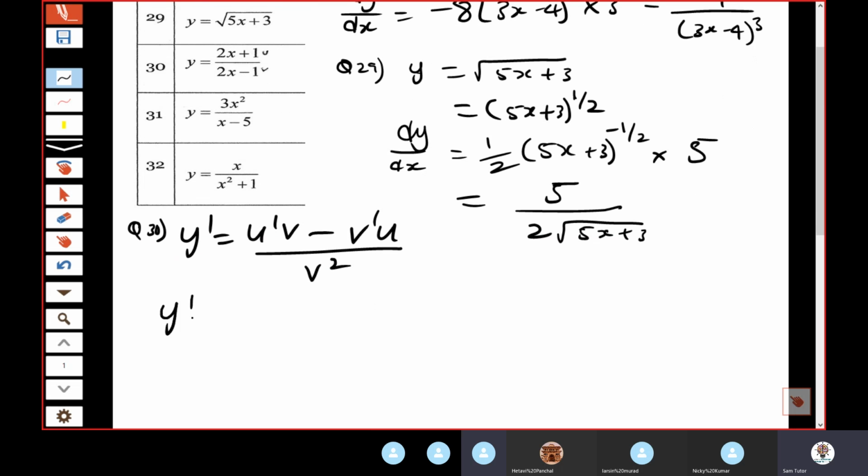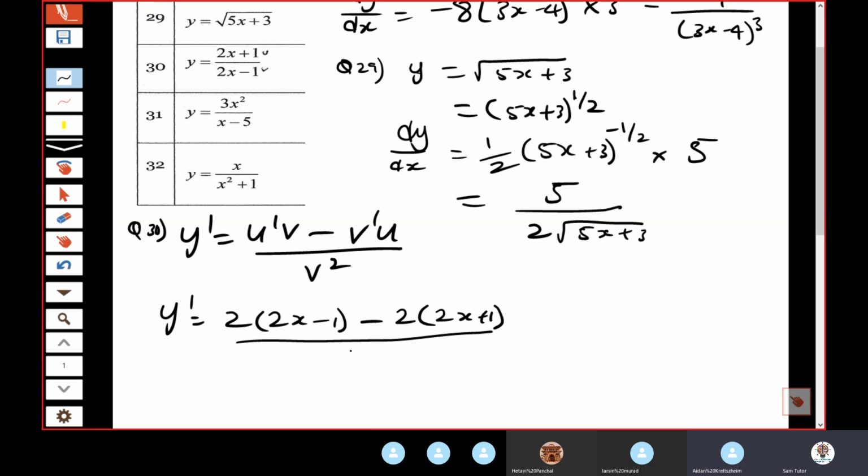So U dash, the first one, top, derivative of the top, 2, times V, 2x minus 1, minus V dash, minus 2, bracket 2x plus 1, over bracket 2x minus 1 squared.